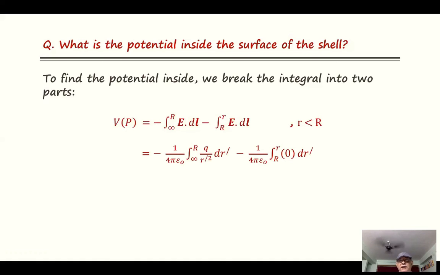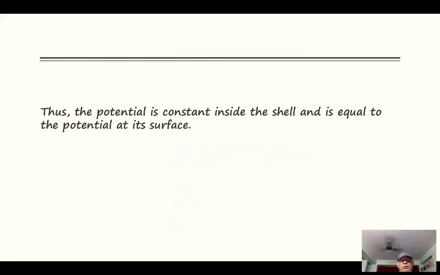The second integral is equal to 0 because the electric field inside the shell is equal to 0. We concentrate on the first integral. Then finally we get potential at P, which is an interior point of the shell, is given by 1 by 4 pi epsilon naught Q by capital R. Thus, the potential is constant inside the shell and is equal to the potential at its surface.